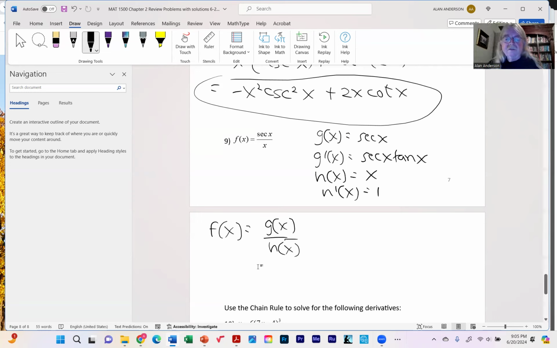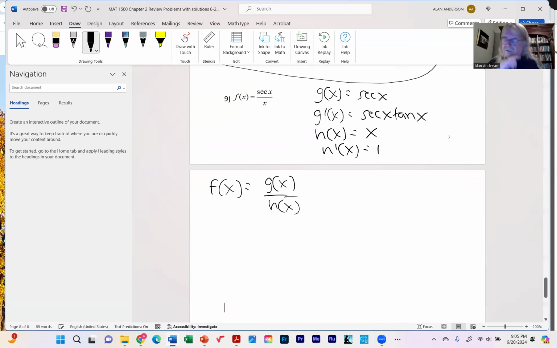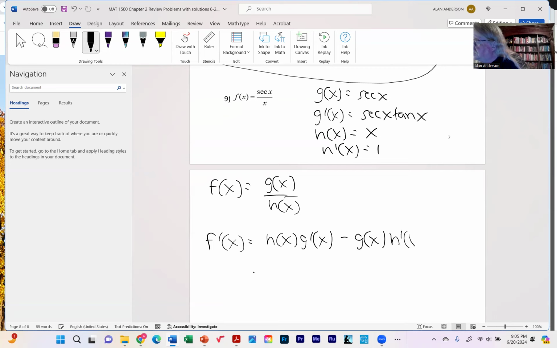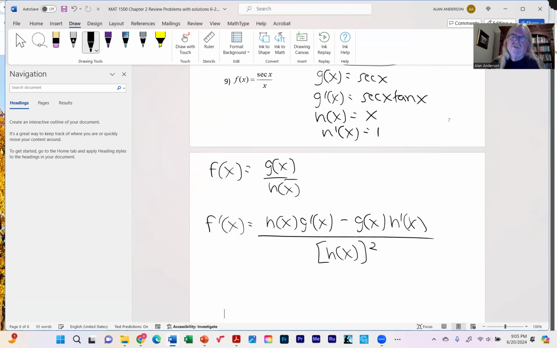So assuming that this is the ratio of two functions, the derivative, according to the quotient rule, is, okay. So now we just do some substitutions. Now, sometimes with trig functions, by the way, you might find that you have an identity of some kind that can be simplified, but I don't think that's going to happen here.